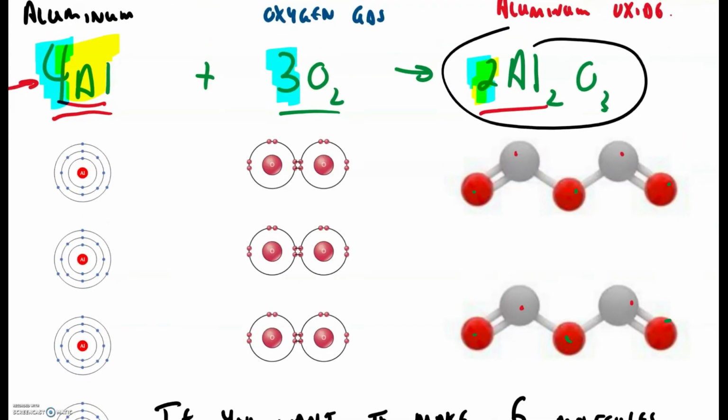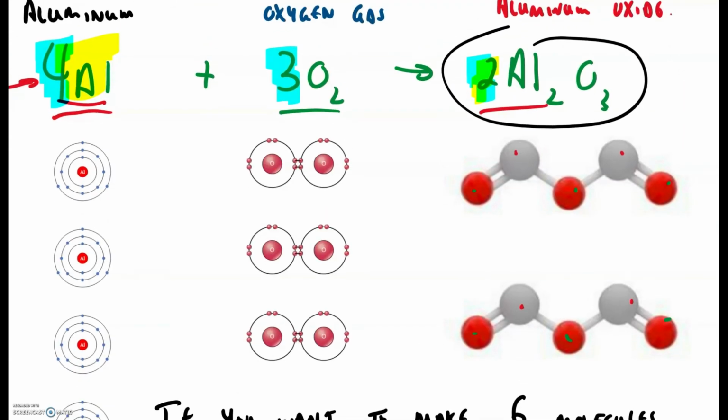We could say that it's not only requiring 4 atoms of aluminum and 3 molecules of oxygen to make 2 molecules of aluminum oxide. It's also moles. It's also saying that if we had 4 moles of aluminum and 3 moles of oxygen gas, we could make 2 moles of aluminum oxide.